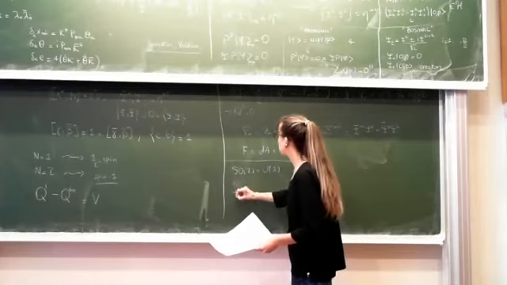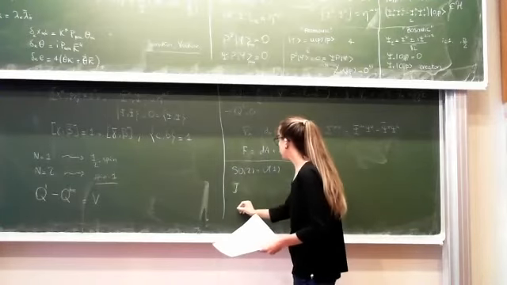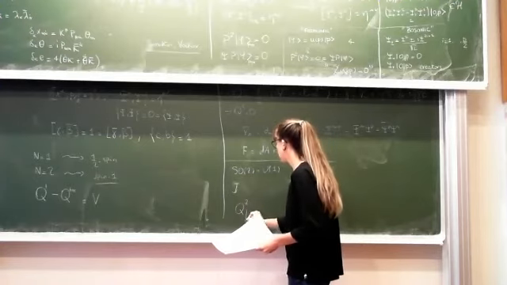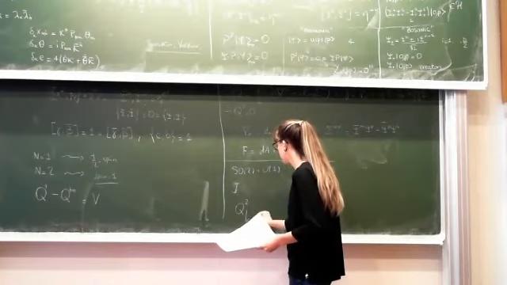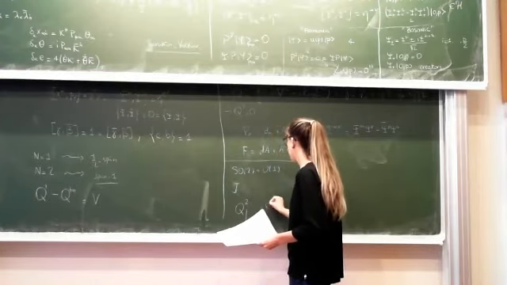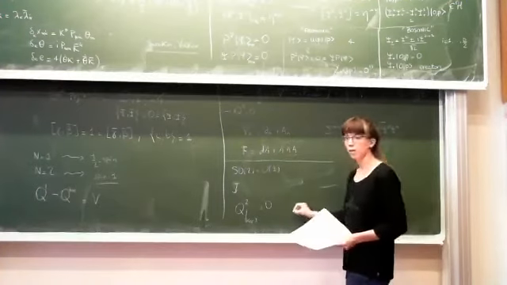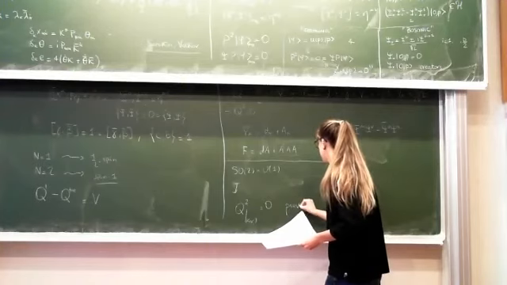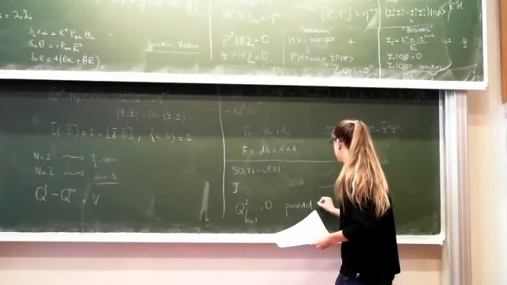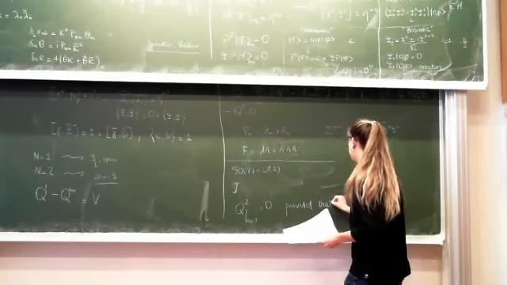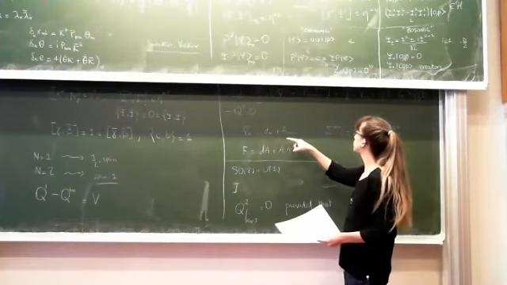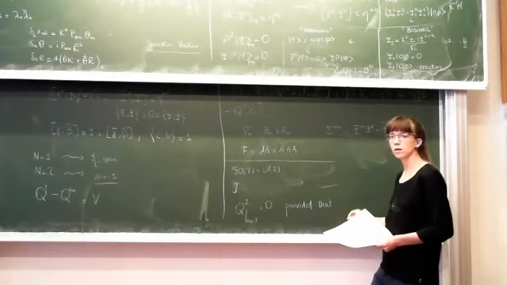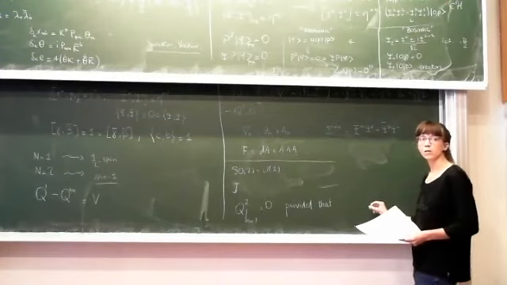So if you compute Q squared restricted to the kernel of J, then this is 0, provided that F really satisfies the Yang-Mills equations.